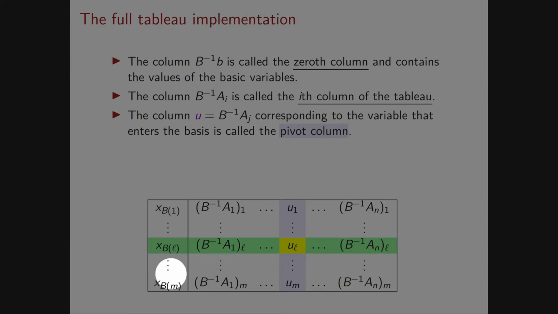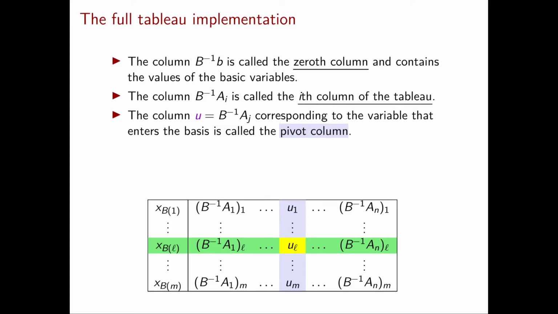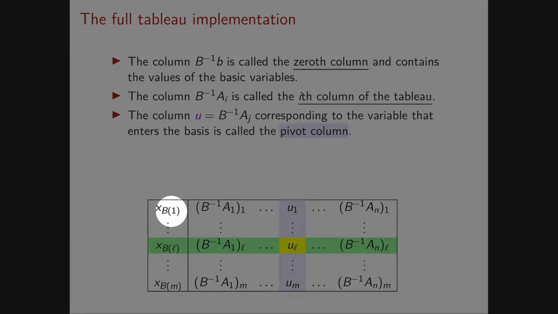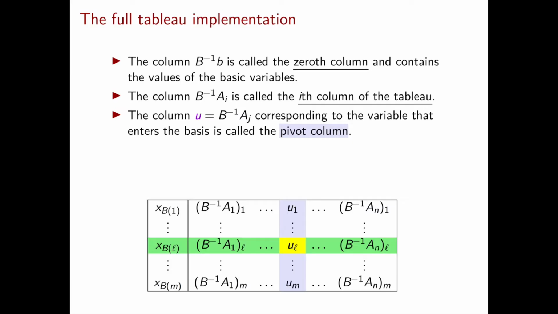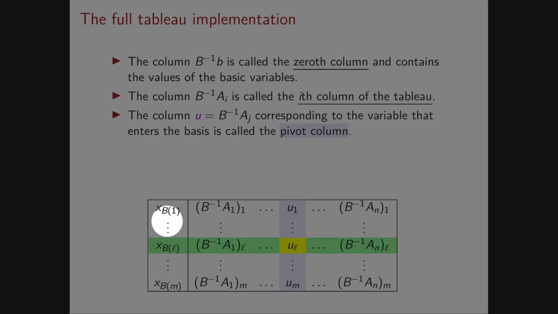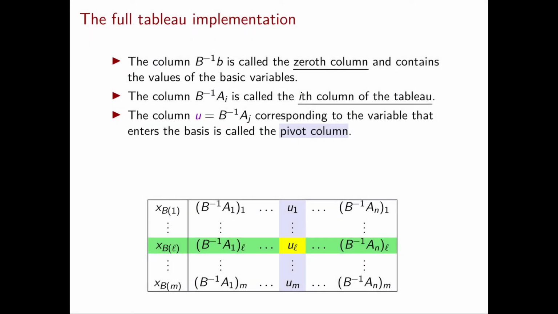Therefore, the 0th column contains the values of the basic variables of our current basic feasible solution. This means that the 0th column has entries x_B(1) until x_B(m). So this column tells us everything we need to know about the current basic feasible solution. In fact, the components that are not written here are the non-basic ones that we know are set to 0.